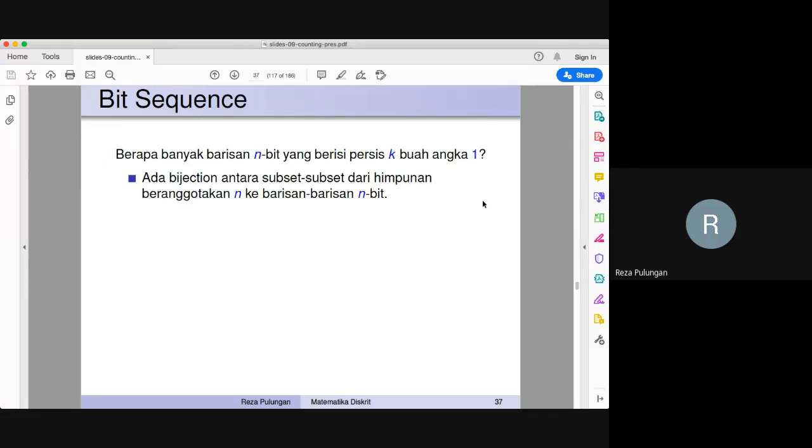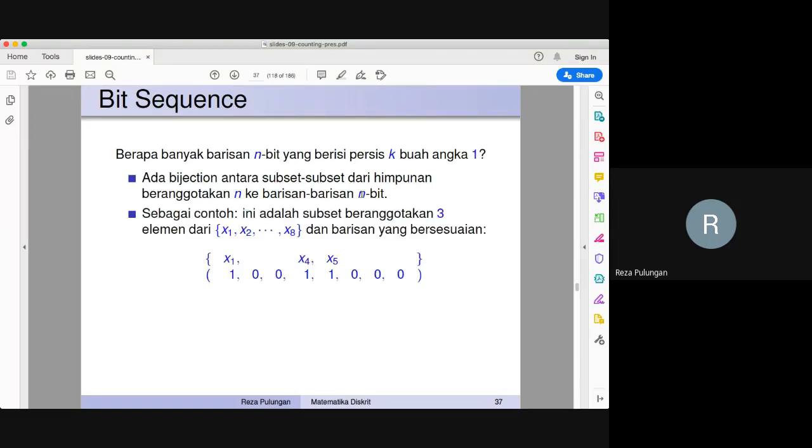There is a bijection between the subsets of a set that has n elements and sequences of n bits. How do I create this? Look at this, how do I create this sequence? Let me show you an example.